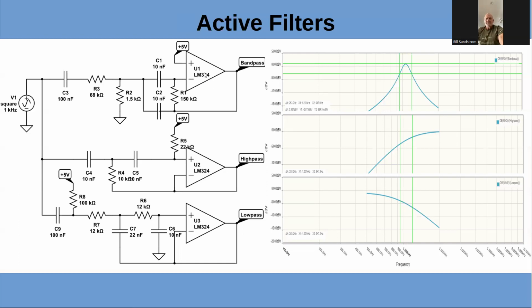You can add some gain in the circuit to make up for the insertion loss, or actually even have a positive gain through the filter. And you can see the outputs here in the bandpass filter. This is a pretty narrow one. And the high pass filter and the low pass filter. And it's very easy to cascade these to get multiple stages and increase the skirts. You'd get 6 dB per decade.